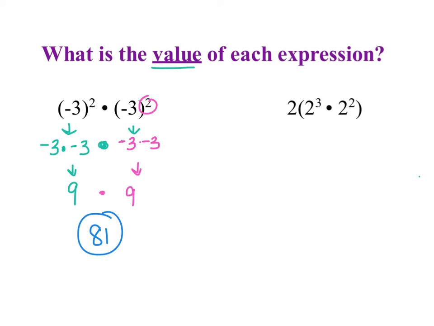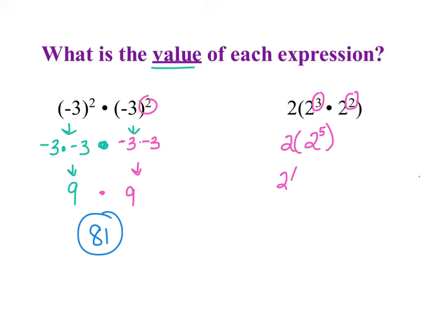Okay, think order of operations just like always. I need to take care of what's in the parentheses first. So there are 2 different ways that you can do this. I'm going to leave the 2 on the outside because I need to do parentheses first. You can say, all right, using the multiplication exponent property, I'm going to add my exponents since I have like bases, and 2 to the 3rd times 2 to the 2nd is going to give me 2 to the 5th power.